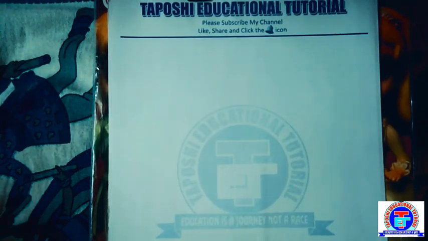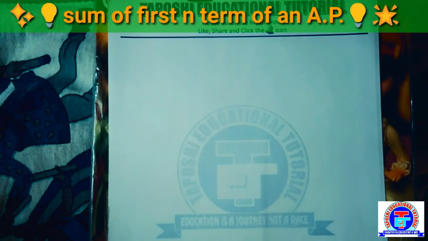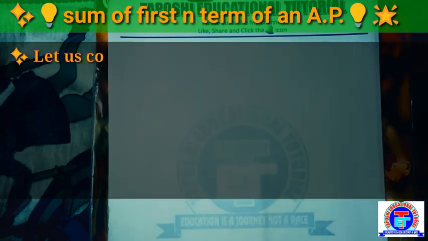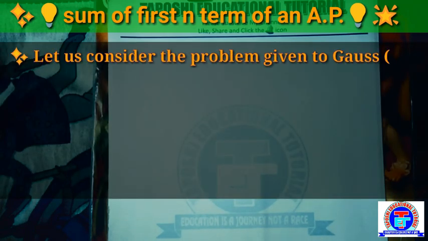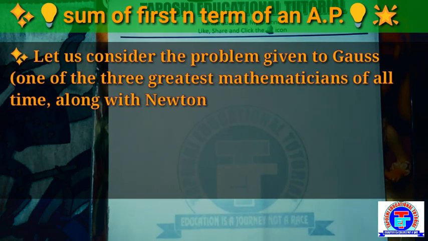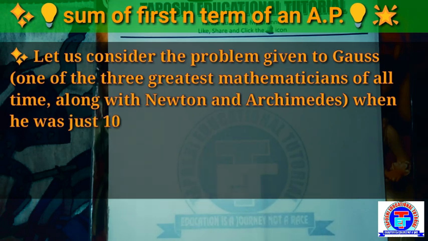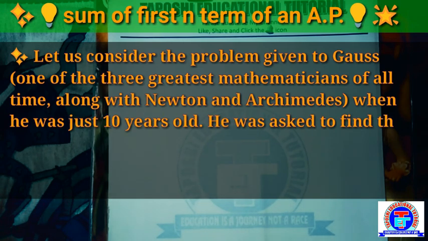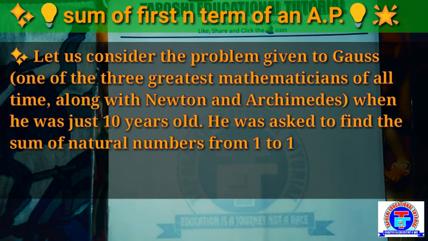Now my dear student, here we understand the sum of first n terms of an AP. Let us consider the problem given to Gauss, one of the three greatest mathematicians of all times along with Newton and Archimedes.